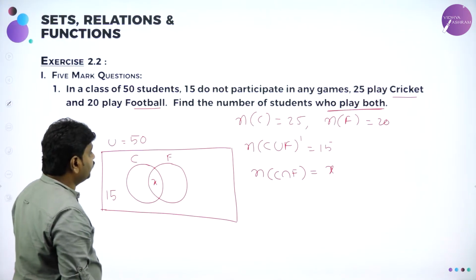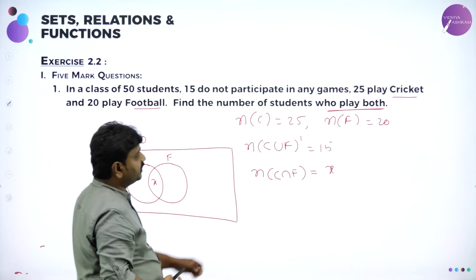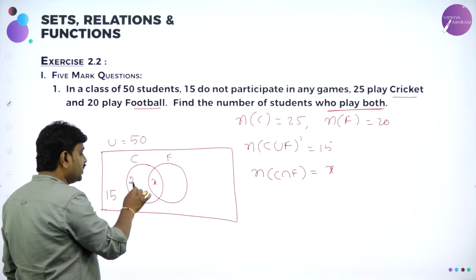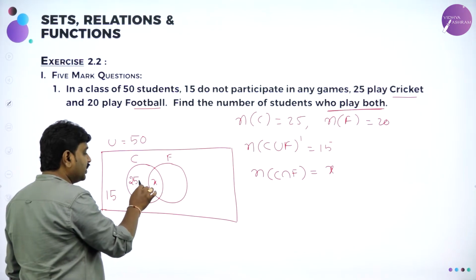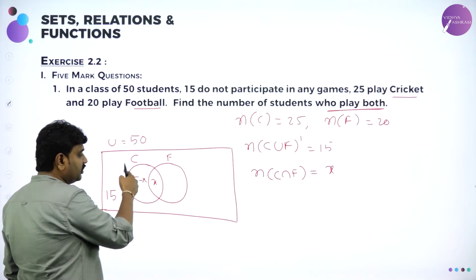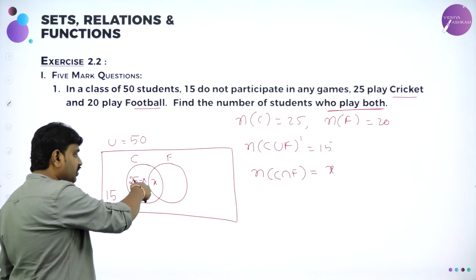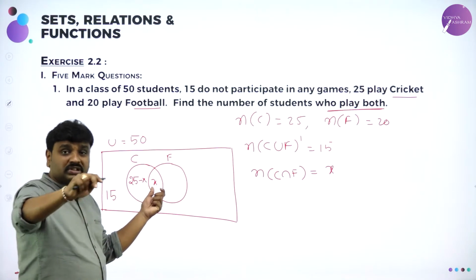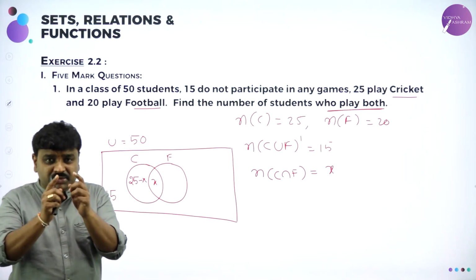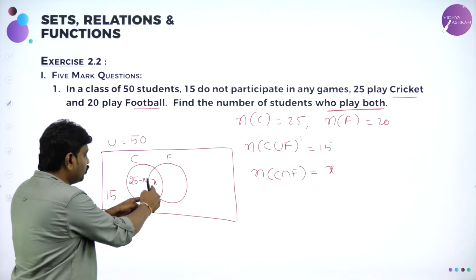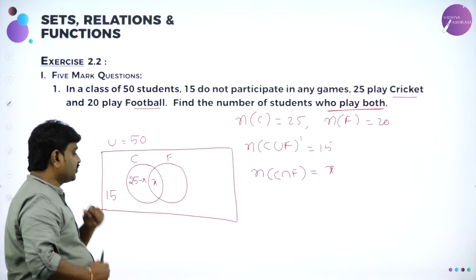Now please understand. How many cricket players are there? 25. So 25 I would have filled here, but I already filled X here. So 25 minus X will be outside. 25 minus X plus X makes this circle 25. This circle is the set of cricket players. So let X be the number of students who play both, that is our assumption. Both means intersection, so in this region you put X. 25 minus X comes here.